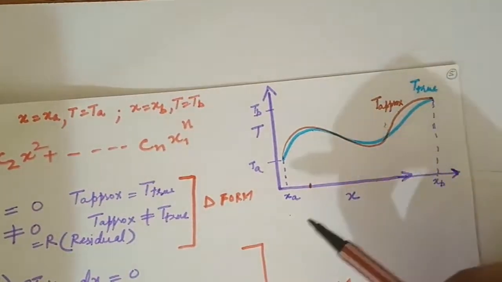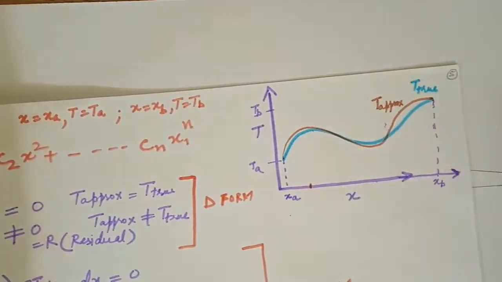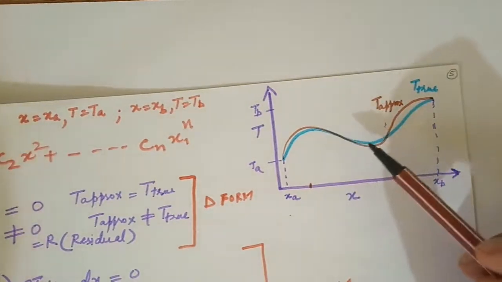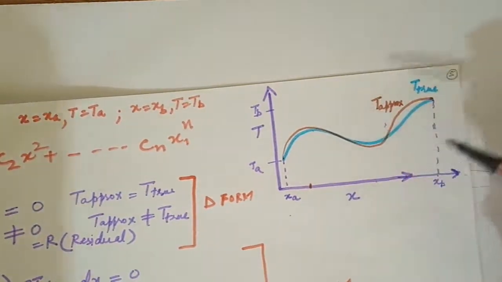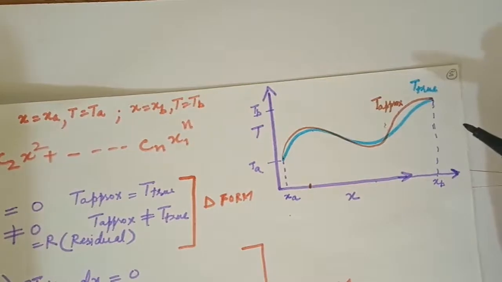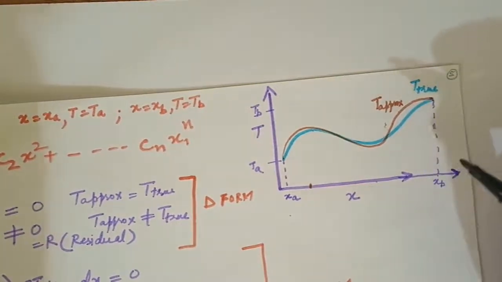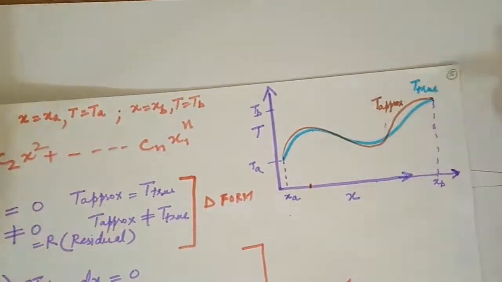But if you have a kind of curve which cannot be approximated with some simple functions like polynomials, for instance, you want to approximate a phenomenon in which the governing equation solution is in the form of Bessel functions, so Bessel functions cannot be very well approximated using polynomial functions.